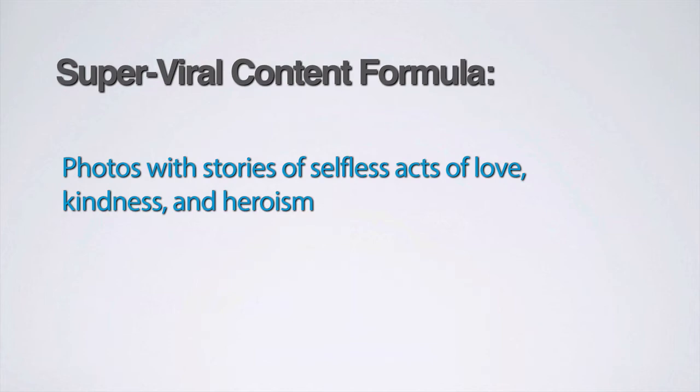Whenever you see a post that has over 100,000 likes, and this will be the same on Twitter, I mean, it could be tweets, it could be shares, it could be likes, whatever, you'll see that they typically follow this exact formula, and that is photos with stories of selfless acts of love, kindness, heroism, or even generosity.